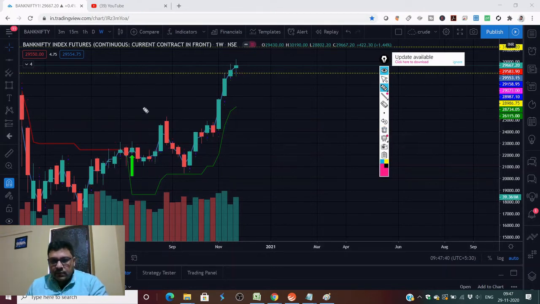I'll tell you the reason why these base candles form. Base candles are depicting a kind of halt in the movement, where there is a lot of war between buyers and sellers. So there is nobody who's winning this race. These candles depict that.